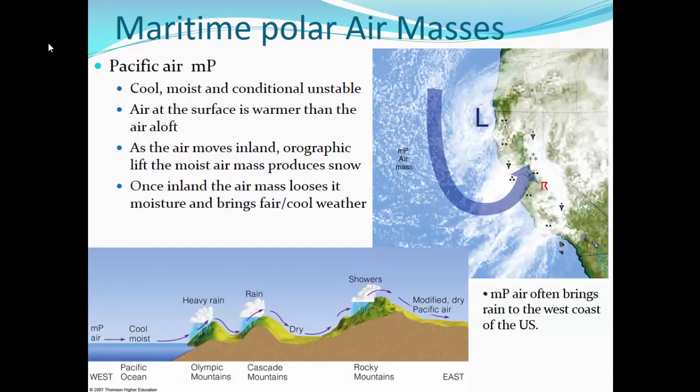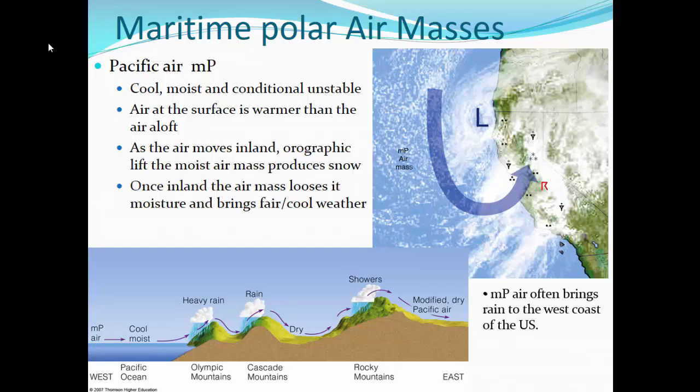When maritime polar air, which is going to be a cold but moist air, has a source region over, let's say, the North Pacific Ocean or the North Atlantic Ocean, it comes in the form of cool, moist, and conditionally unstable weather, meaning the environment of the maritime polar air mass tends to be conditionally unstable, where it's stable in the lowest levels, but then becomes unstable as you move up in the atmosphere.